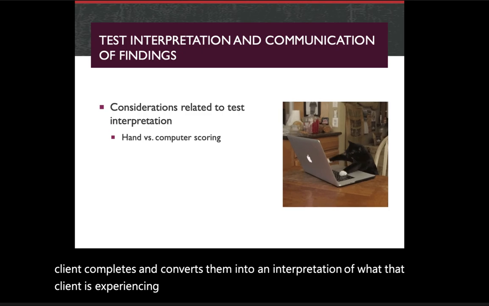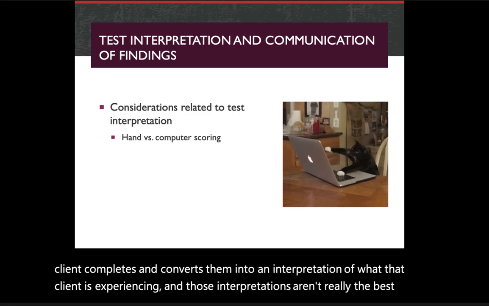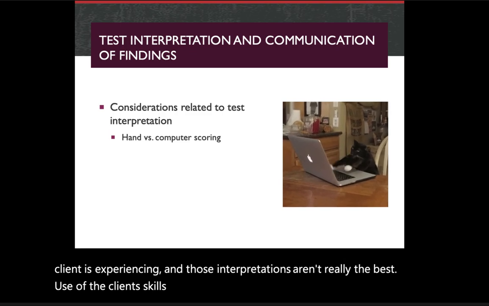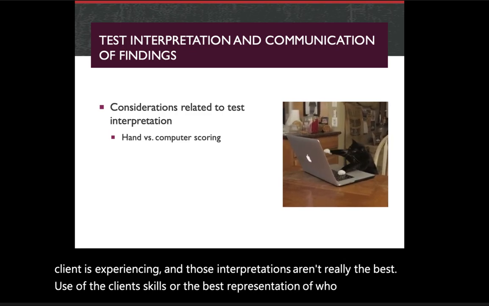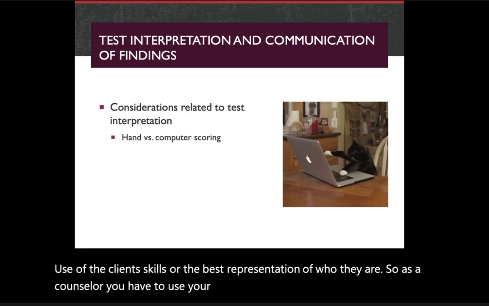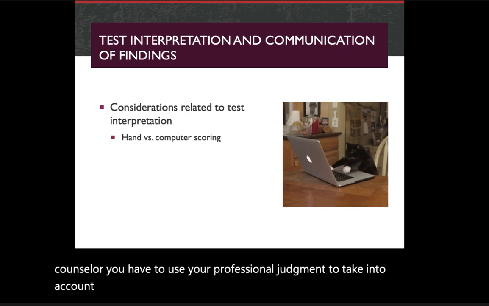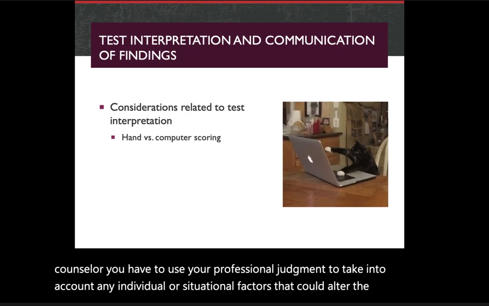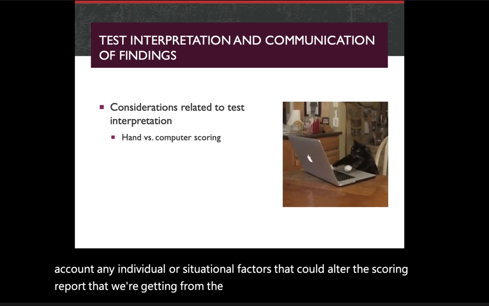Those interpretations aren't really the best use of the client's skills or the best representation of who they are. So, as a counselor, you have to use your professional judgment to take into account any individual or situational factors that could alter the scoring report that we're getting from the computer scoring for our specific client.